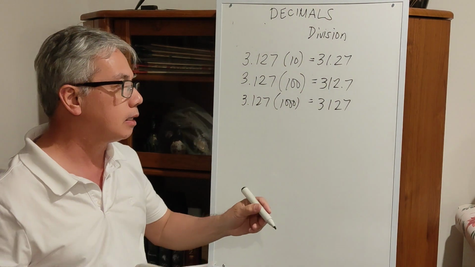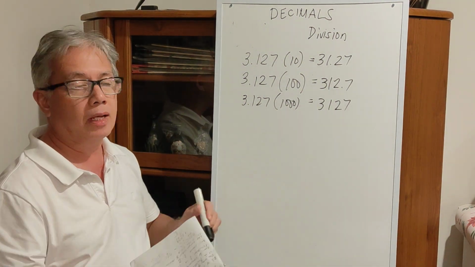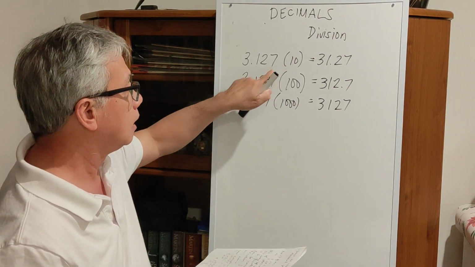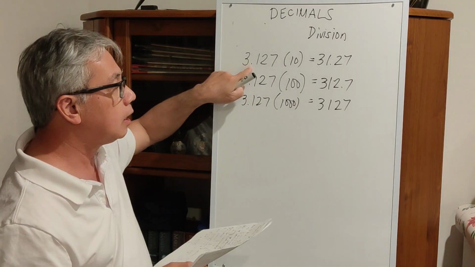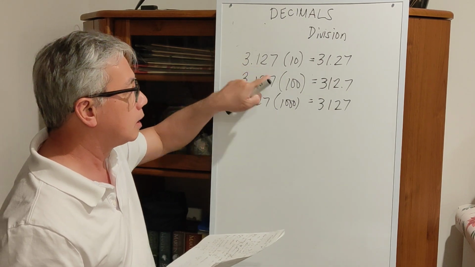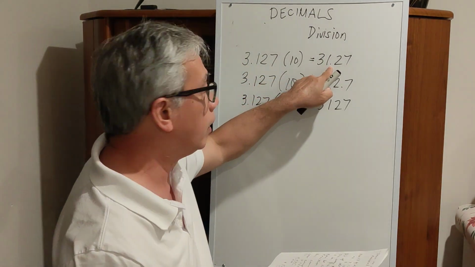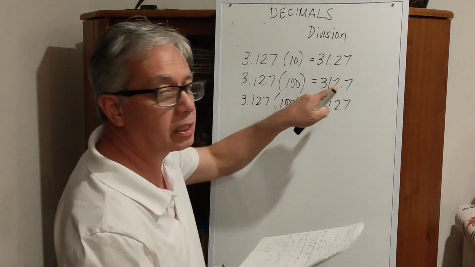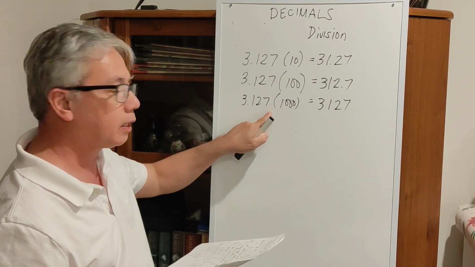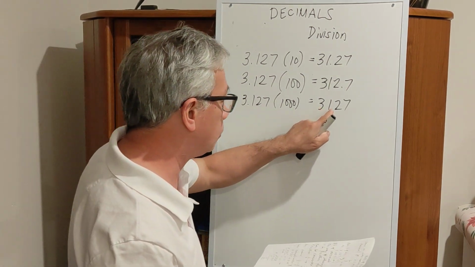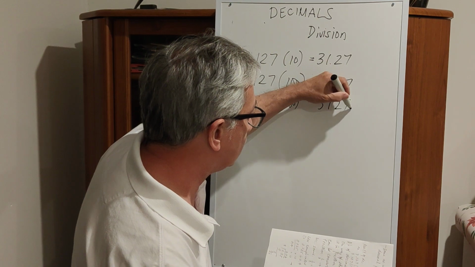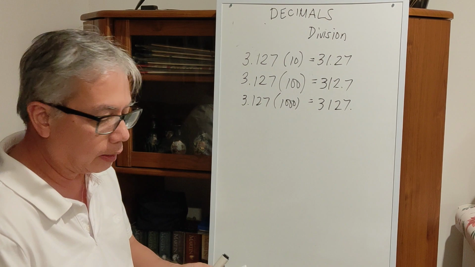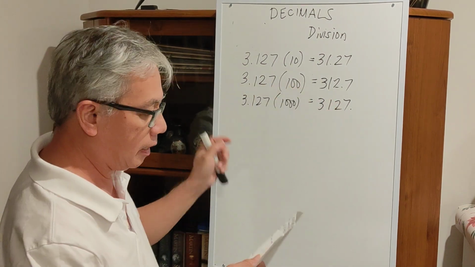What's happening here is that if you multiply by a multiple of 10, you just need to move the decimal point. For 10, the decimal point moved by 1. If you multiply it by 100, it moved by 2 decimal places. If you multiply it by 1000, the decimal point moved 3 places. So that's multiplication by 10, hundreds, and thousands, and so on.